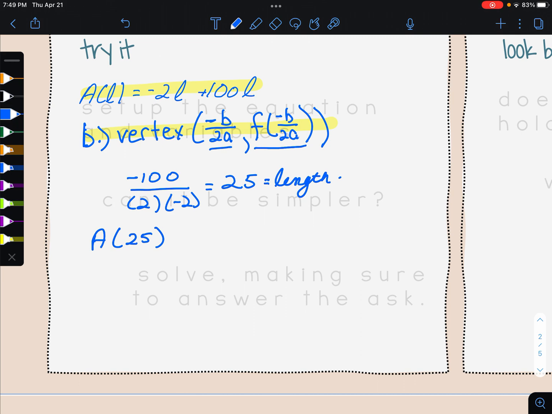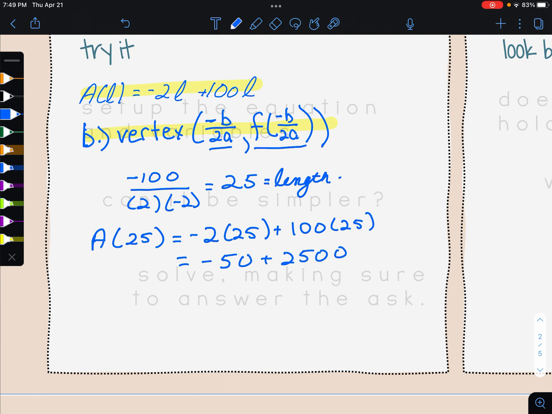I'm filling in this y area here. All I do is put that value into the function. So A of 25 is going to get me to the maximum area: negative 2 times 25 squared plus 100 times 25. That is equal to negative 50 plus 2,500.